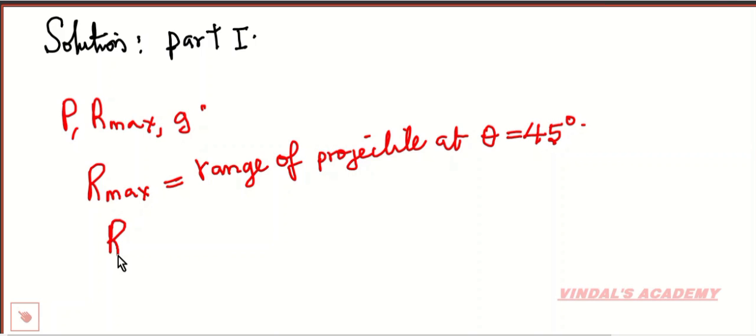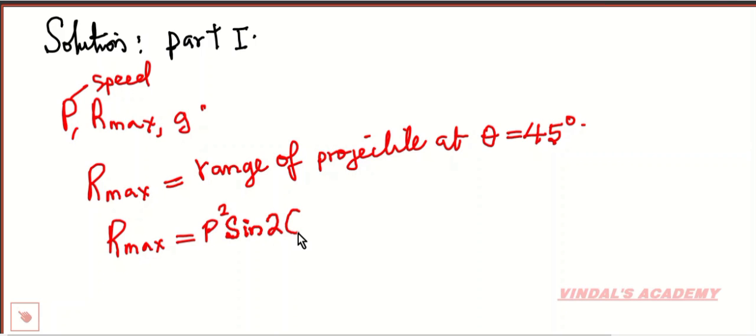So at that point, I'm going to have that R max is equal to U squared, which is P, since this one is the speed, P is given as speed. So I'm going to write P squared sine 2 bracket.